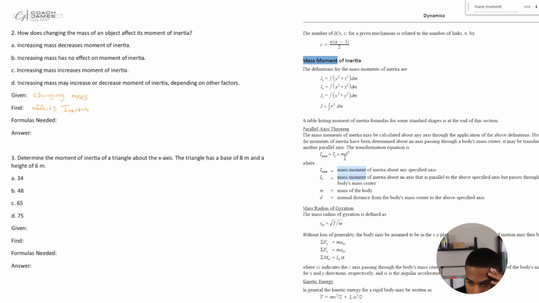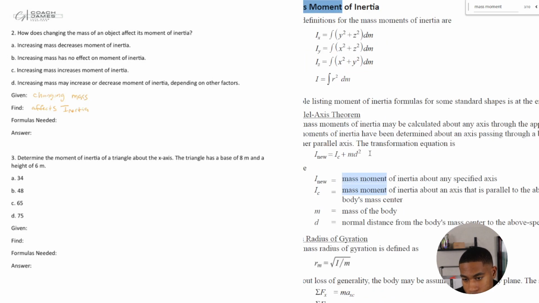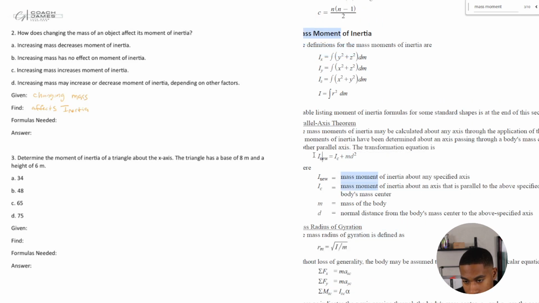So it looks like this formula could help us in terms of mass of the body. And so let's go through our questions and see if we can figure out, if everything else stays constant and we change our mass, what happens? So, increasing the mass decreases the mass moment of inertia.